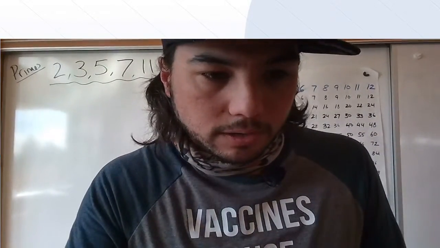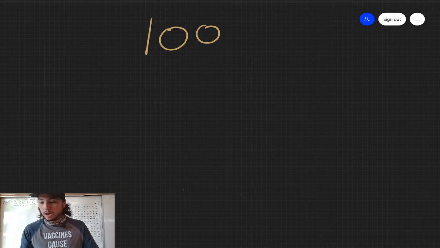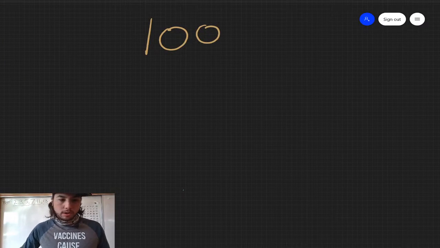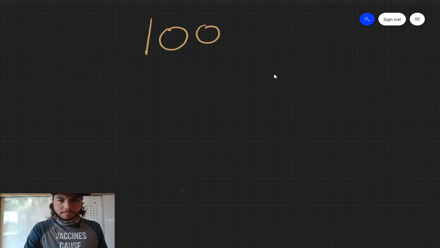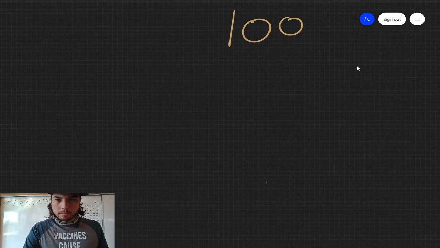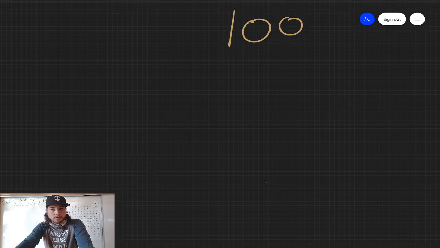All right, let's go to the digital whiteboard and look at some more factor trees here. We've got 100. We're going to keep it 100 here. 100 is composite. You can't do a factor tree with a prime number because it's essentially its own factor tree.